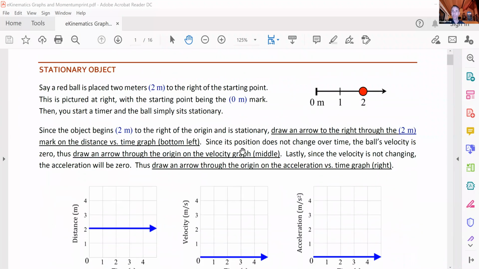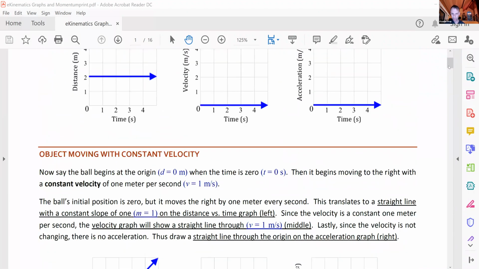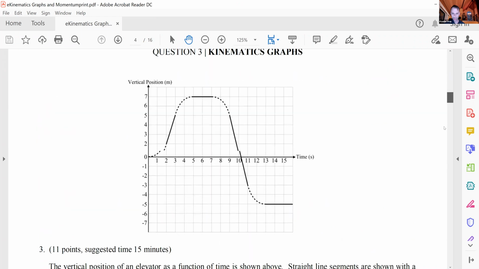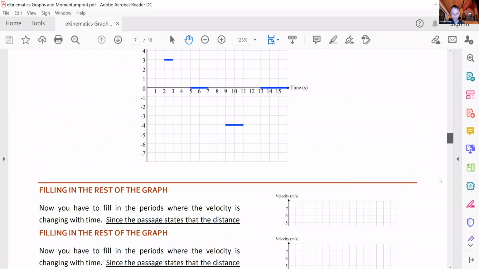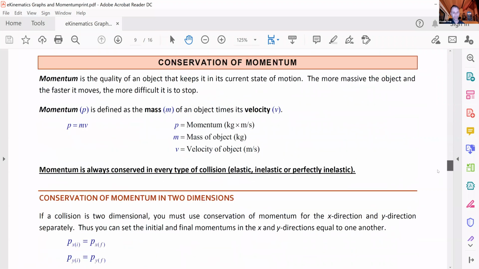Okay, here. I'll share with you what I got on the screen. So here you go. I'm just going to scroll all the way down to momentum. Okay, some quick things.